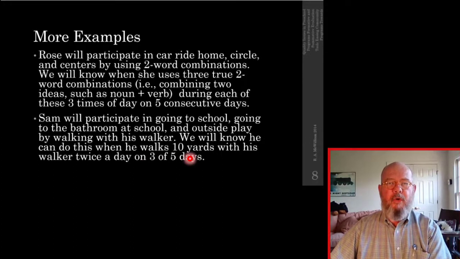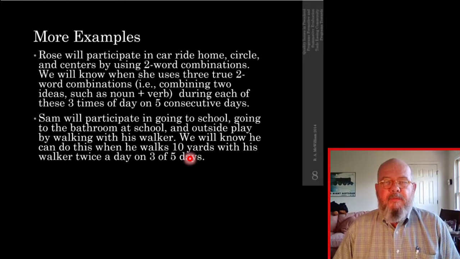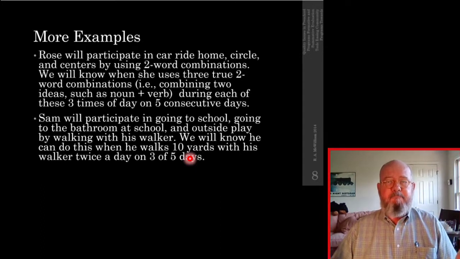So you notice that all of these examples begin with the child's name will participate in. That's why they're called participation-based goals. And the reason is because participation has become really the defining variable to do with how disabled a child is. If a child has an impairment but can still participate in home, school and community routines, the child is really not that handicapped.